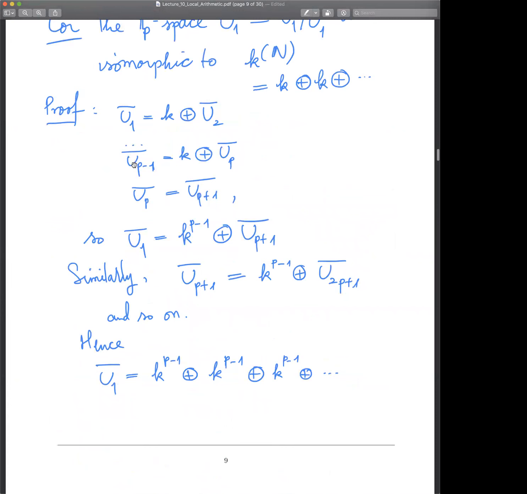And similarly, all the way up to U_{p-1} bar, I can write it as K direct sum U_p bar. Then U_p bar is U_{p+1} bar. I mean, that's not interesting. So in any case, I can write U_1 bar as K to the p minus 1, you do it p minus 1 times, plus direct sum U_{p+1} bar. And then you repeat with U_{p+1} bar. So ultimately, U_1 bar is equal to K to the p minus 1, direct sum K to the p minus 1, direct sum K to the p minus 1, and so on.